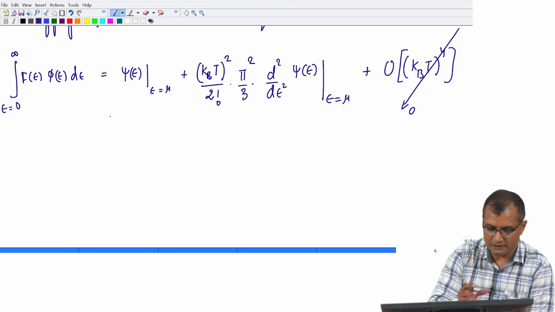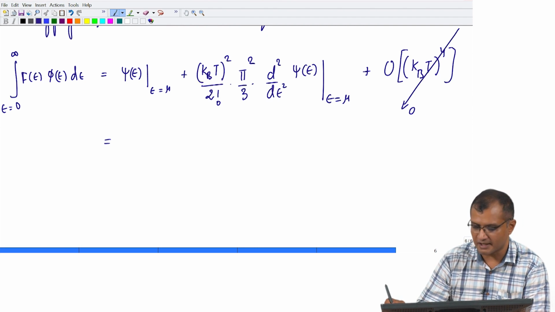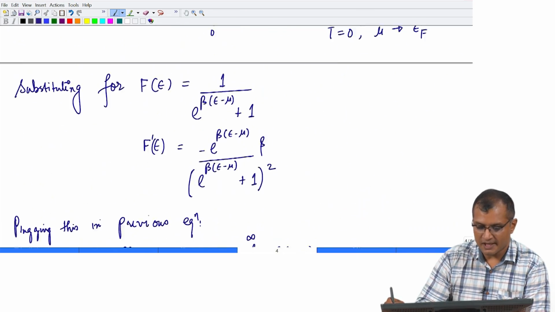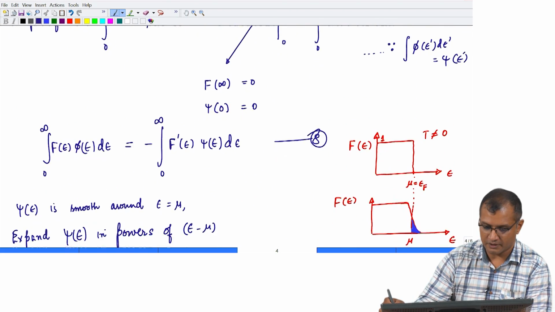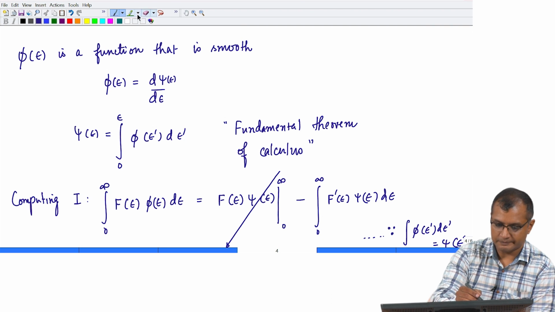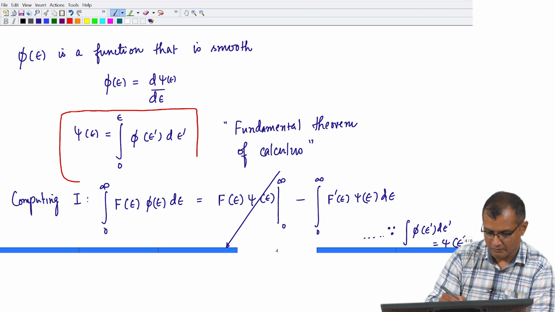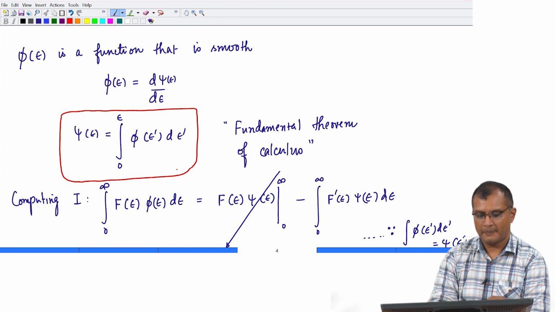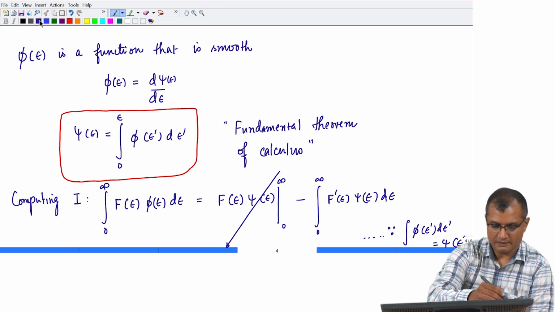Now, what is this function psi of epsilon? This is nothing but the way we have defined psi upstairs. Psi is nothing but the integral of function phi. If you look here, the function psi here is nothing but the integral of our function phi, which is on the left hand side. Okay. So, I am just going to write down this.